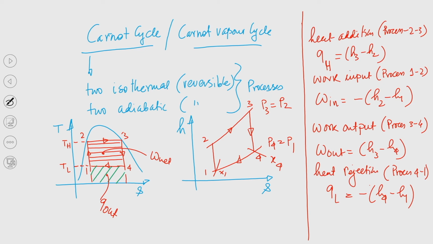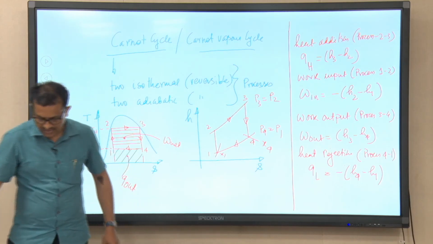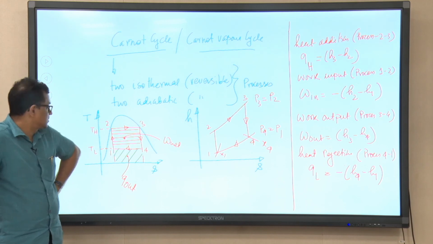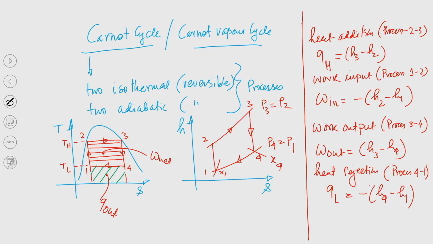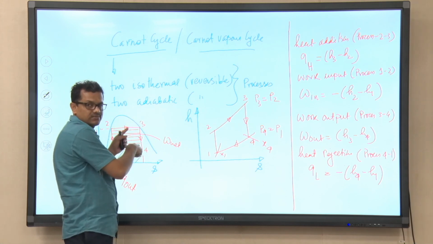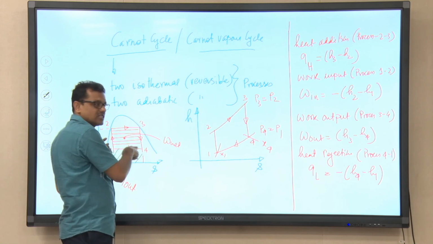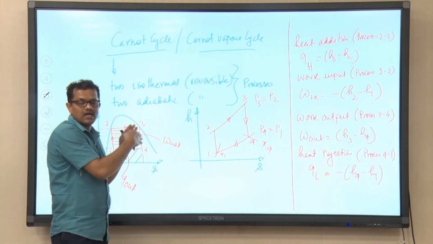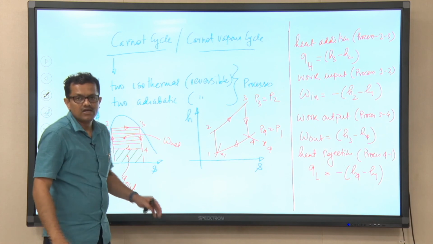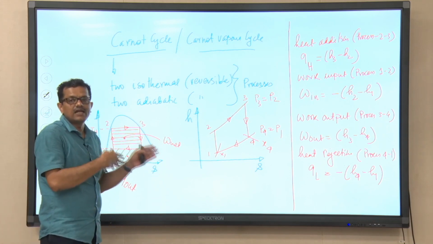So, when there is a phase change in a vapor cycle, in two different processes, one is process 2 to 3 and another is process 4 to 1, these two processes are isothermal processes, and they are easily attainable as internally reversible processes.